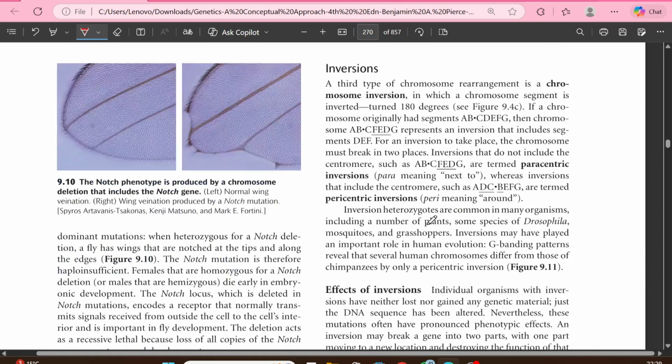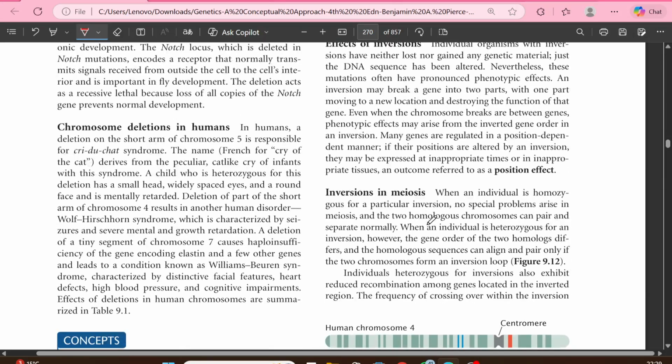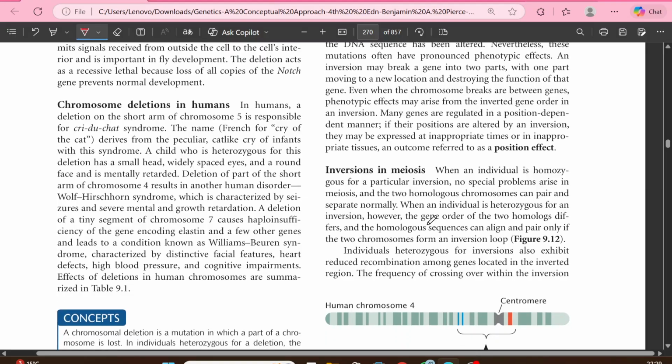Now there is one very important disease in humans, which is the Cri-du-Chat syndrome. What basically happens is that chromosome 5 has a 5p arm. This 5p arm gets deleted, and when this deletion of the short arm on chromosome 5 happens, it results in a structural mutation in the chromosome, and the syndrome is referred to as Cri-du-Chat syndrome.